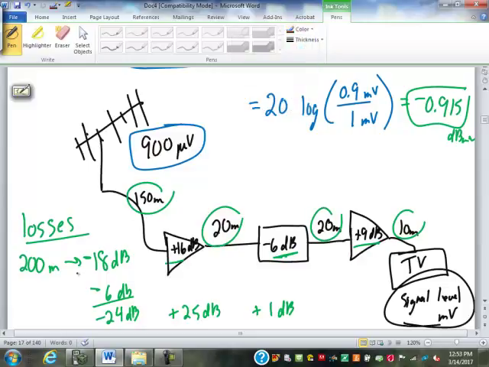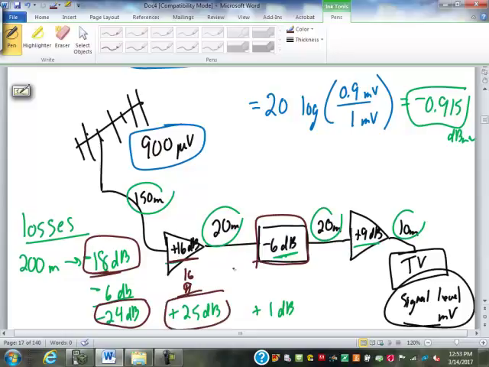We had 200 meters of cable at negative 18. We had negative 6 here, so that's negative 24. Then on the plus side, 16 and 9 add up to 25. So negative 24 plus a positive 25 is a plus 1 dB.